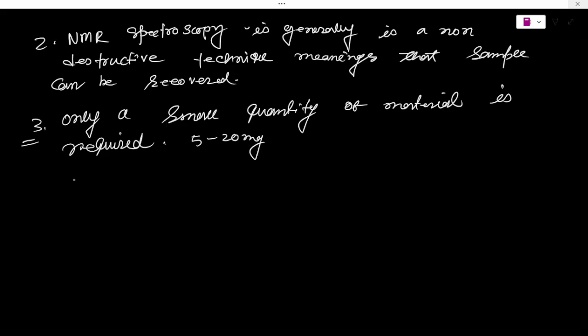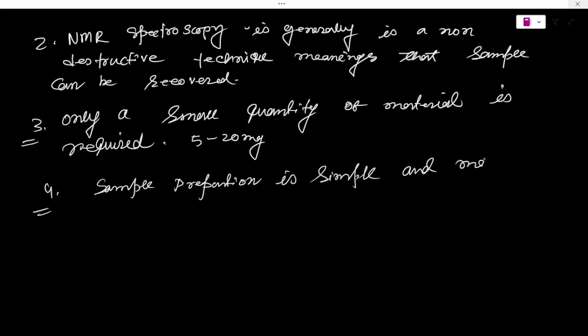And fourth, sample preparation is simple and minimal.